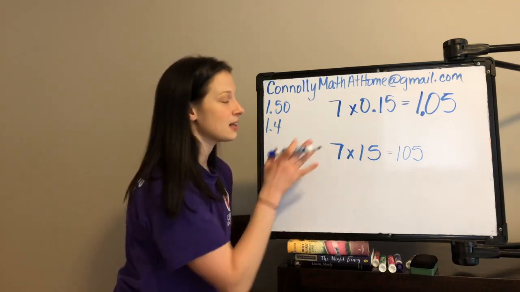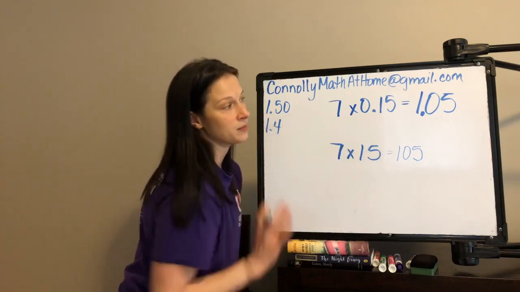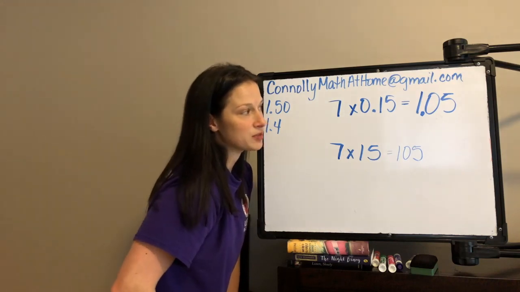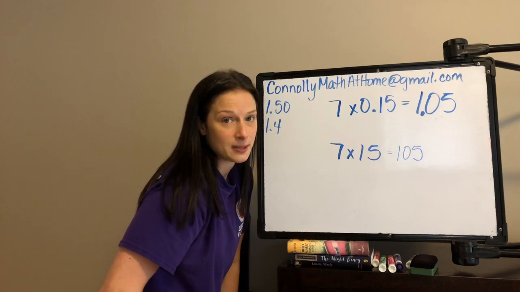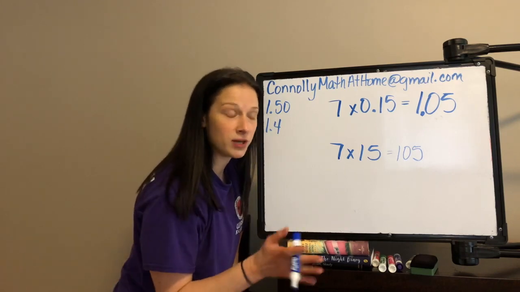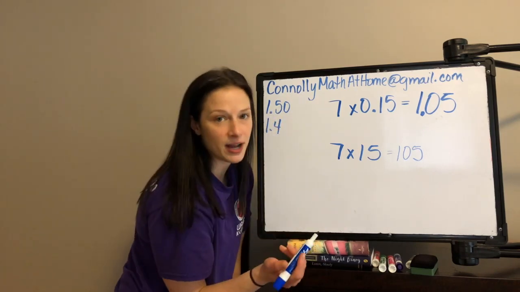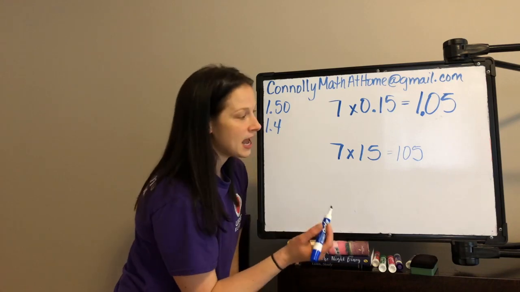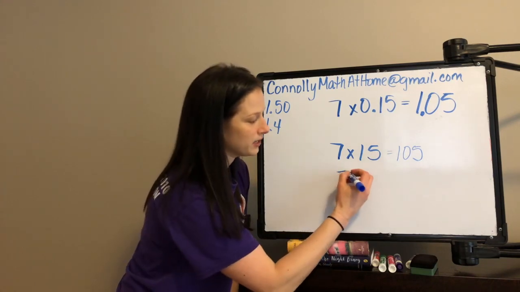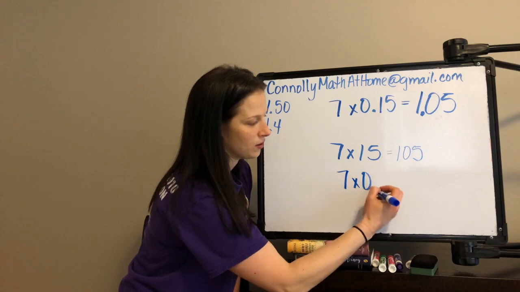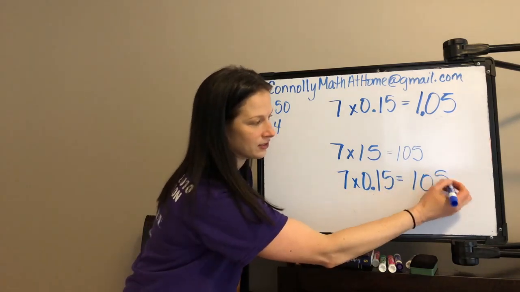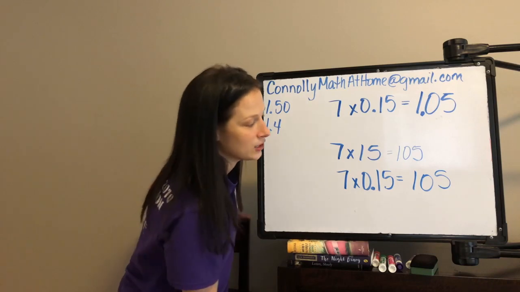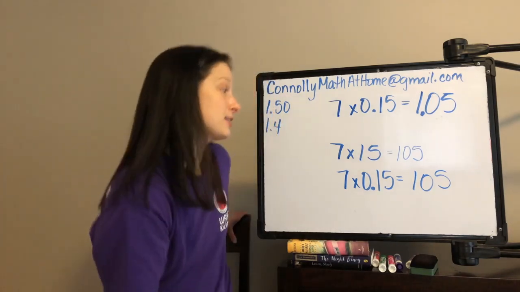And I think that based on my estimate, based on the numbers given to us, that 7 groups of 15 hundredths, it makes sense that it's 1 and 5 hundredths. Okay? So that's one way we're going to figure these out, is we're going to be thinking about our estimate and what makes sense. And the other thing that we can do is we can think about what happened to our factor. So what happens to our product?